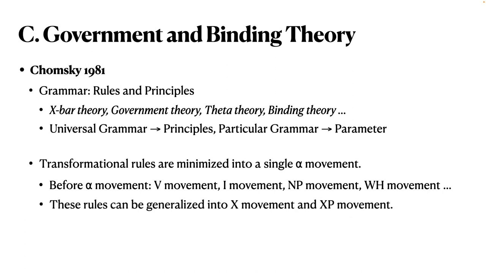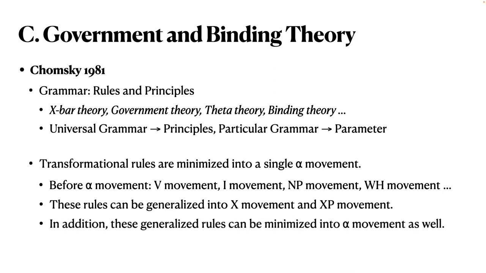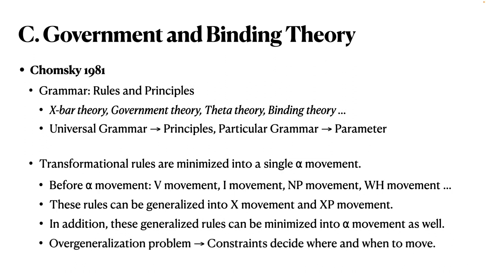Therefore, it is possible to generalize these rules to X and XP movement respectively. Furthermore, since X movement and XP movement can be generalized once again, an extremely generalized rule called alpha movement can be postulated. However, as previously explained, generalization inevitably leads to the problem of overgeneralization.